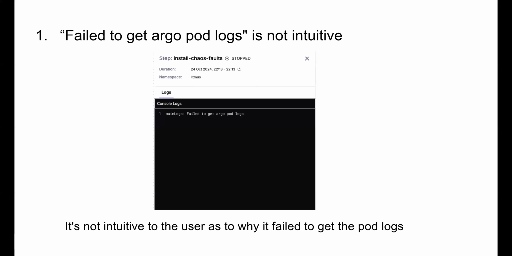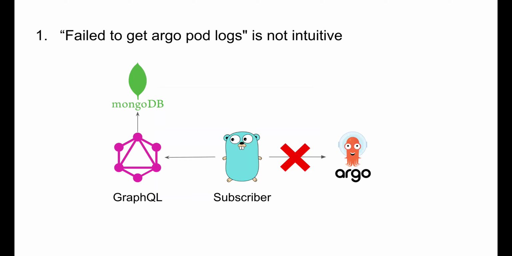The first issue is the issue with fail to get pod log. This is because the subscriber always returns the same log to the user when it failed to get the pod log. It's not intuitive to the user as to why it failed to get the pod logs. So when the subscriber cannot get the pod log, I want to get the experiment phase from GraphQL and output a different log depending on the phase state.